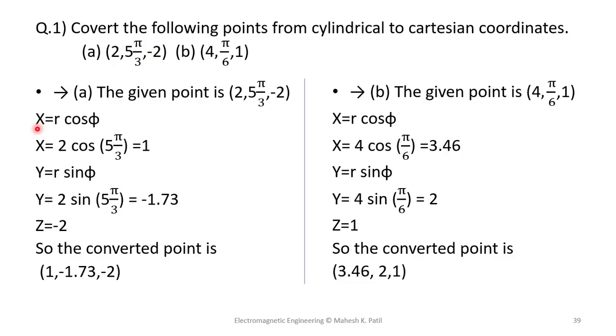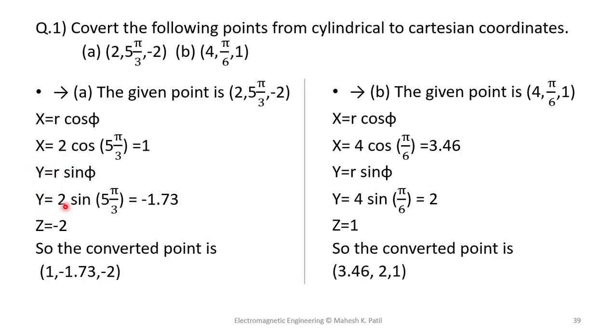So therefore x will be r cos phi. So x is equal to, now r value here it is 2, therefore 2 cos 5 pi by 3 equal to, so if I solve this I am going to get the answer as 1. You can cross check this. Then y is equal to r sin phi.